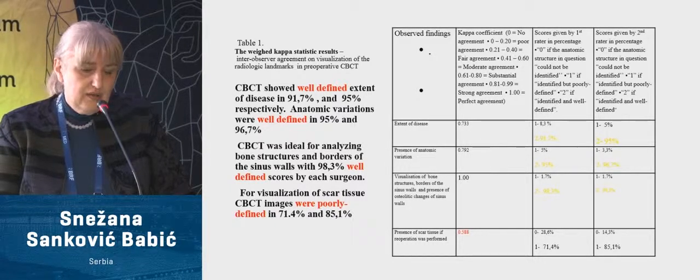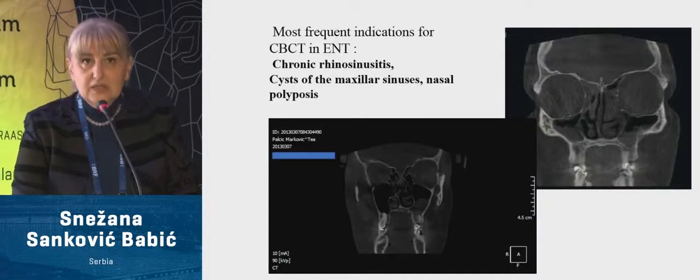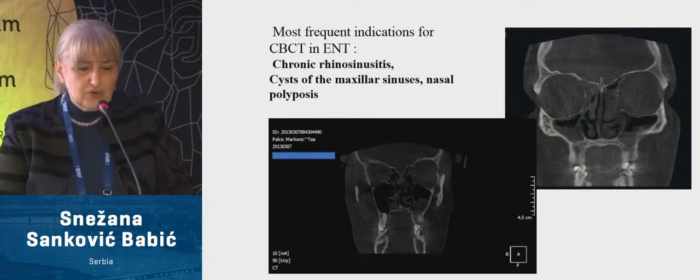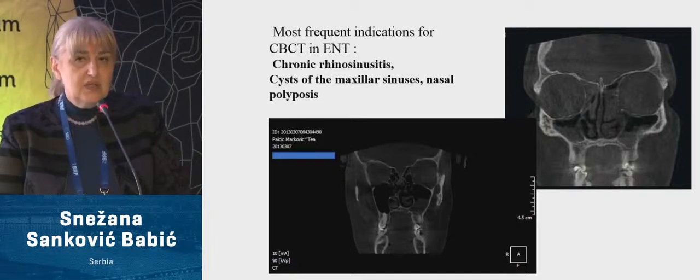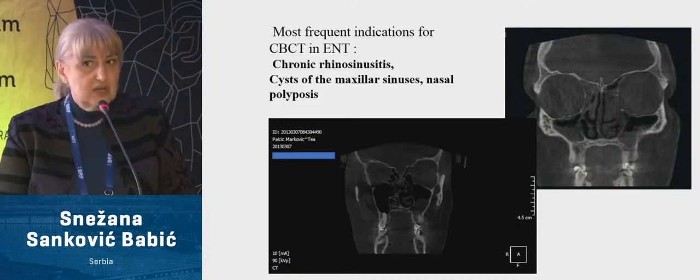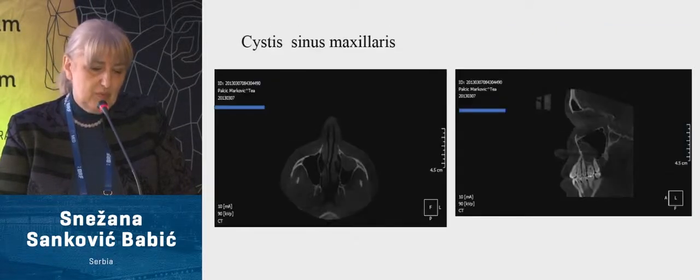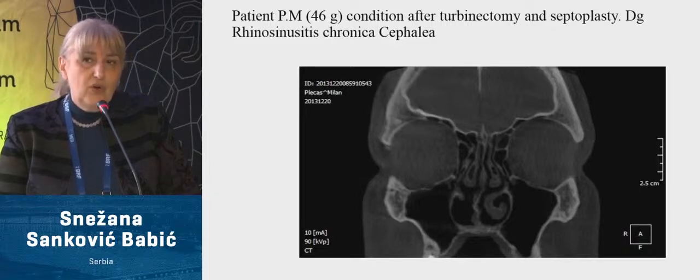With a high score they marked anatomic variation visibility as well as anatomical borders in bony structures of the sinus walls. Poor scores were reserved for the scar tissue. So the clinical studies and our study confirm that the most frequent indications for CBCT in ENT should be chronic rhinosinusitis without complication, cyst of maxillary sinuses, nasal polyposis, and follow-up of patients with chronic sinusitis and intranasal operation.